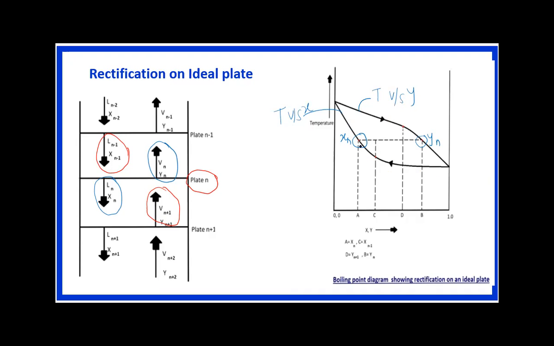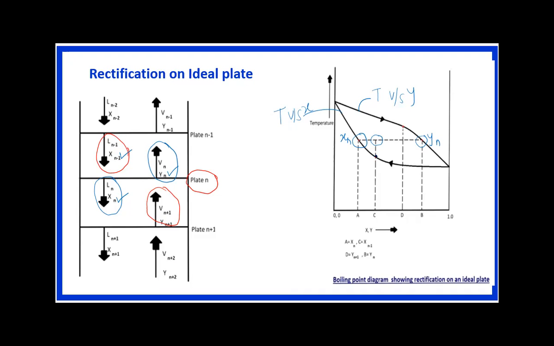On this curve Xn is there and on this curve Yn is there. So Xn is the liquid composition of the nth plate, and here is the vapor composition of the nth plate, right? If you observe the different composition, that is C. What does C indicate here? That is Xn minus 1. What is Xn minus 1? We know this is the liquid composition of the n minus 1 plate, right?